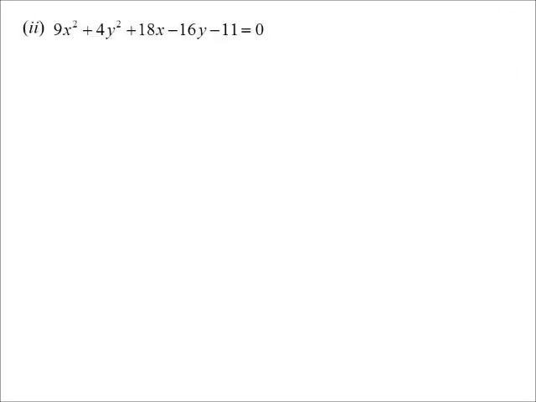Here's one where we're going to have to complete the square. So we've got 9x squared and so on. Well, going to divide everything by 36. 36 being 9 and 4's, what do we call that? Lowest common multiple. That way, on the top of the fractions, I get a coefficient of 1 for the x squared and the y squared, and that makes completing the square easier.